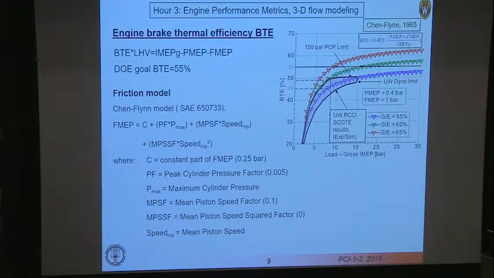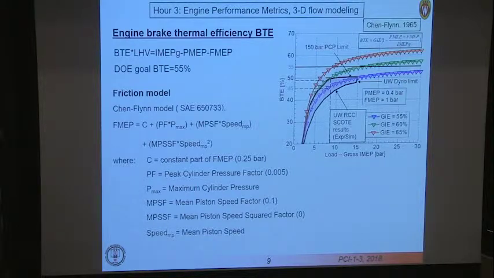So it's kind of interesting just to see some of the other parameters. For example, we need to know something about the pumping mean effective pressure. How much energy does it take to pump the fresh charge into the combustion chamber and then purge the combustion chamber? The friction mean effective pressure is, again, a measure of how much energy is required to overcome friction.